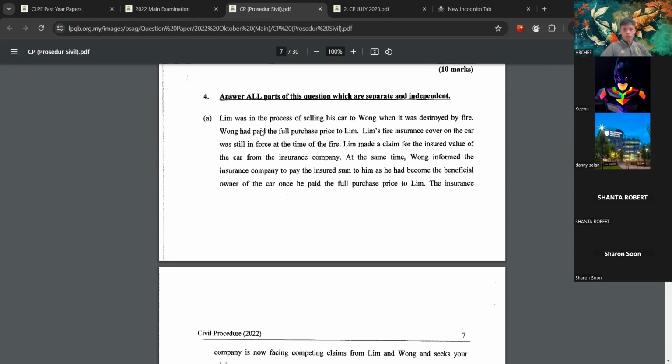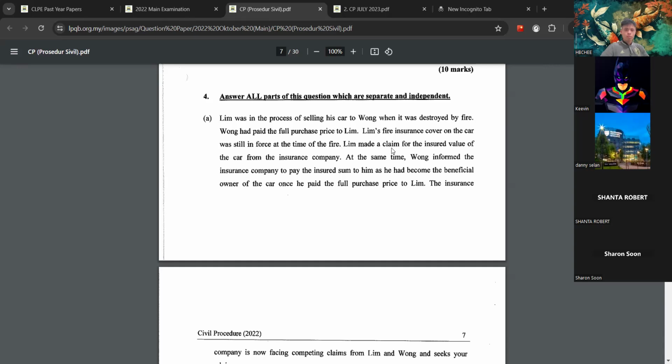Okay. Number four. Lim is selling his car to Wong when it was destroyed by fire. Wong paid the full purchase price to Lim. The fire insurance of Lim covering the car was still in force at the time of the fire.